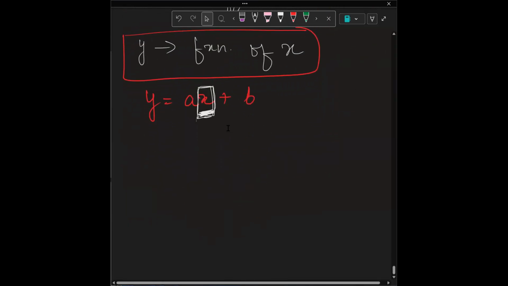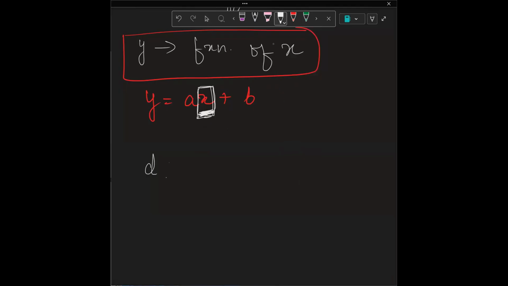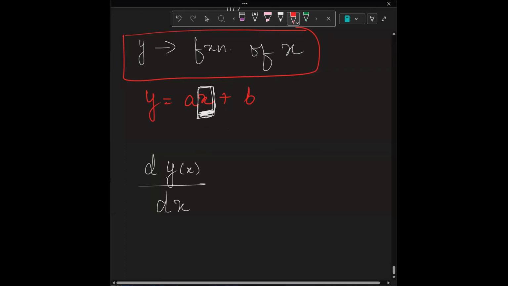So how can you represent the differentiation? This is the representation of differentiation: d y of x with respect to dx. That means you are differentiating y of x with respect to x. This thing is known as the differentiation operator.